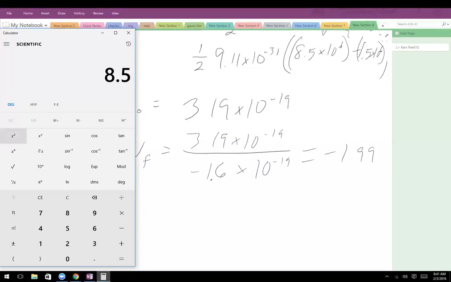So 8.5 squared times 9.11 divided by 2 divided by 1.6 is 205.